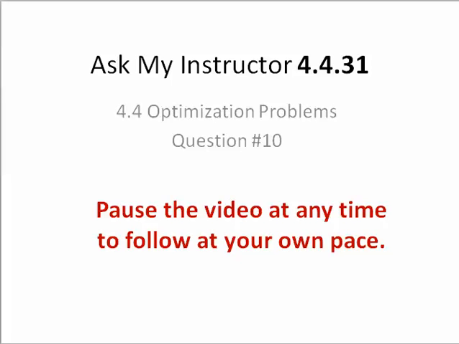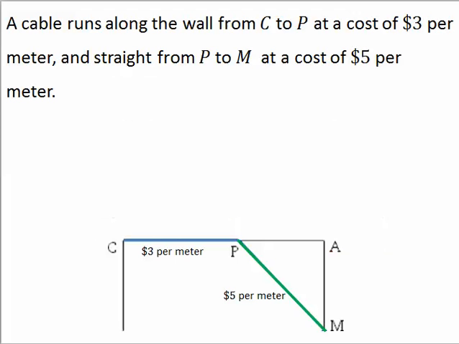Ask My Instructor 4.4.31. A cable runs along the wall from C to P at a cost of $3 per meter and straight from P to M at a cost of $5 per meter.